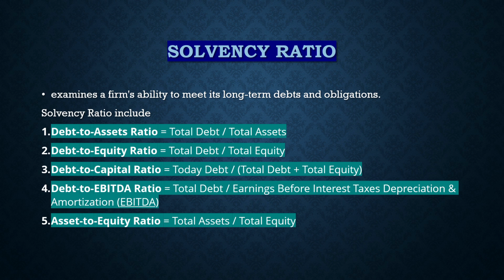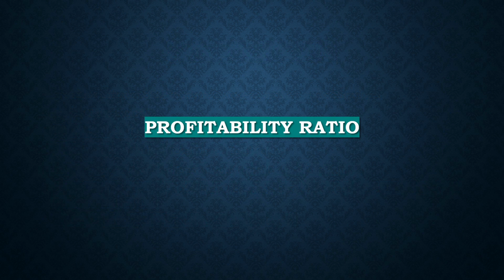Debt to capital ratio equals total debt divided by total debt plus total equity, that is, whole capital. Debt to EBITDA ratio equals total debt divided by earnings before interest, tax, depreciation and amortization. Asset to equity ratio equals total assets divided by total equity.